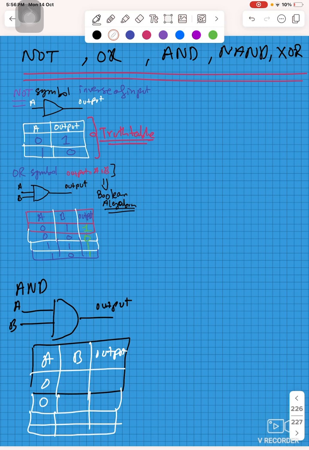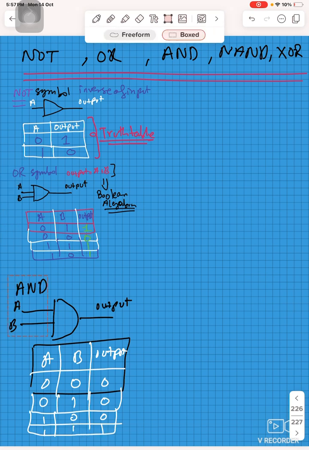So 0 0 is 0, 0 1 is 0, 1 0 is 0, and 1 1 is 1. If one of them is 0, the answer will still be 0, but if both are 1, then you'll get 1.